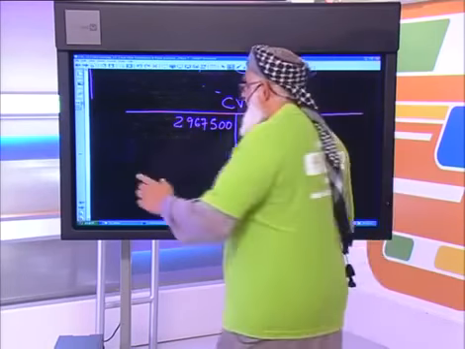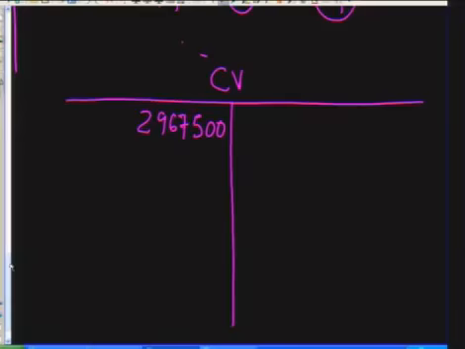Right. Step number 2. What do I look for? My closing balance. And what is my closing balance?